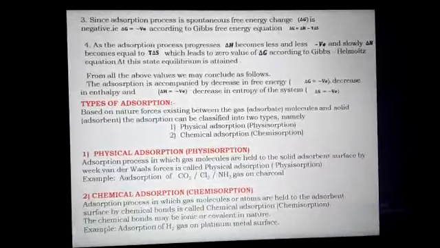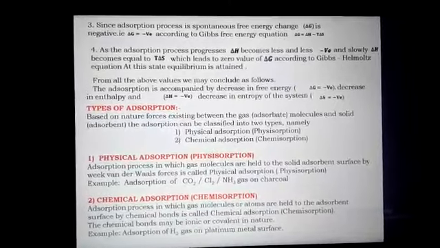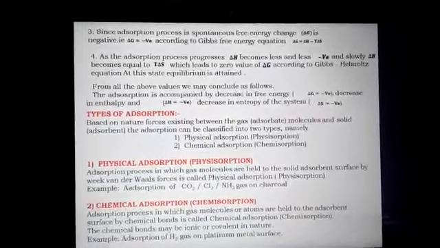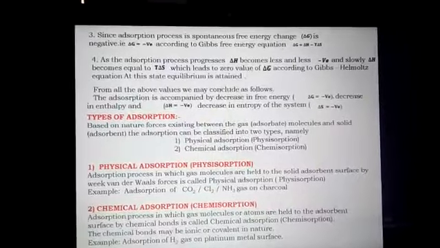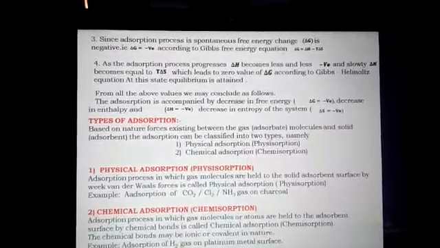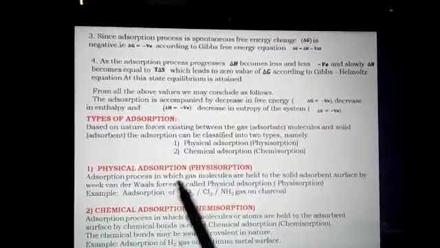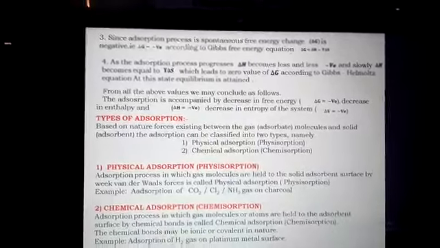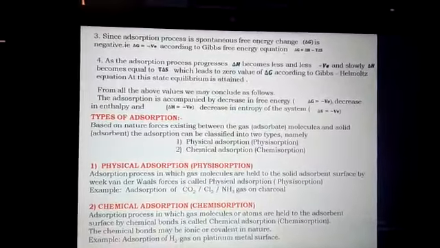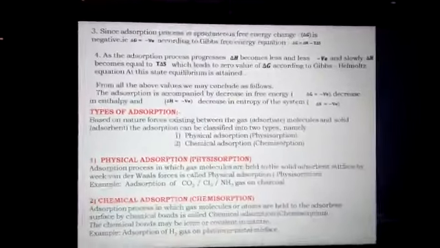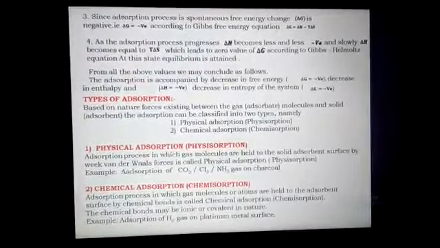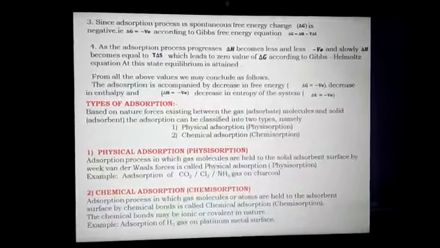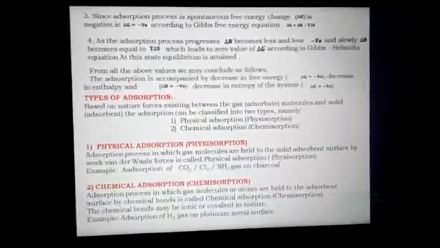The adsorption process in which gas molecules are held to the solid adsorbent surface by weak van der Waals force of attraction is called physical adsorption. For example, adsorption of carbon dioxide, chlorine or ammonia gases on charcoal.